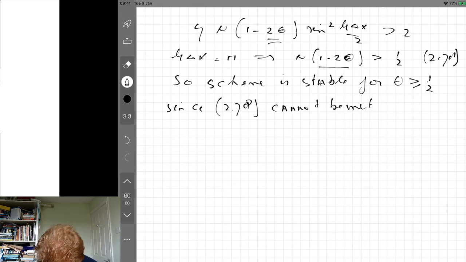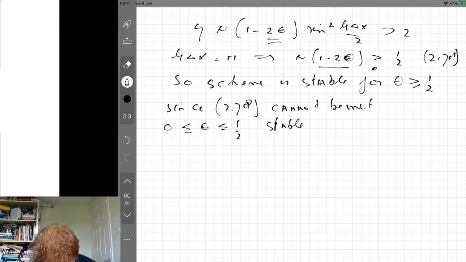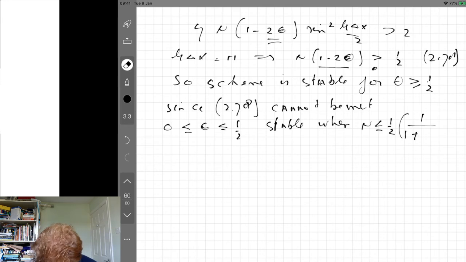So for 0 less or equal than theta less or equal than half, it's stable when the bigger sign holds with the lesser equal sign. So it's stable when mu is less or equal than half, 1 over 1 minus 2 theta.